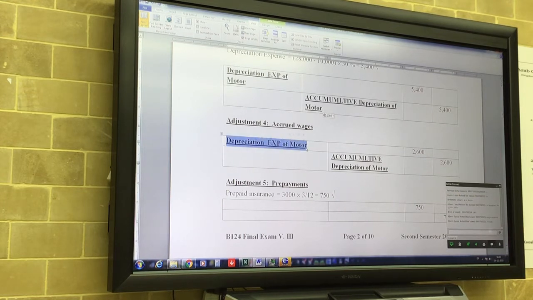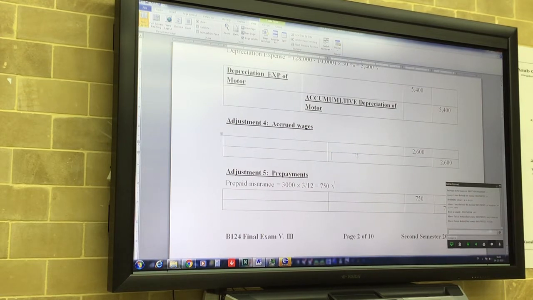So number 4, you will write wages expense to accrued wages. So credit will be accrued wages, and for debit you will write wages expense. This is for number 4.